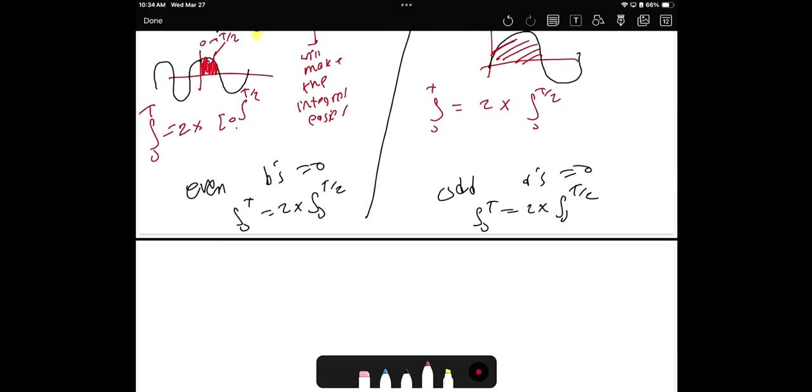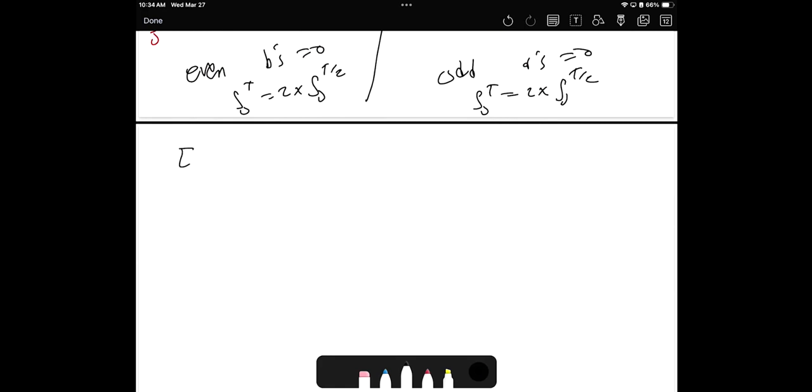Okay, let's discuss the sawtooth again. So the sawtooth, x of t.